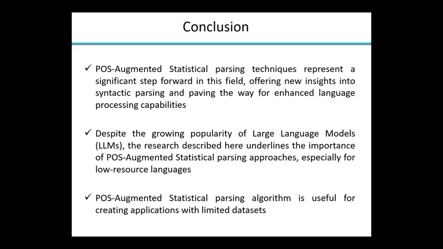But with our research, with a limited data set, we can create the TAG parser for any language, and we can also develop a translation system. The same parser can be used for other applications like question answering systems, syntactic analysis of any natural language in the world, and also semantic analysis.